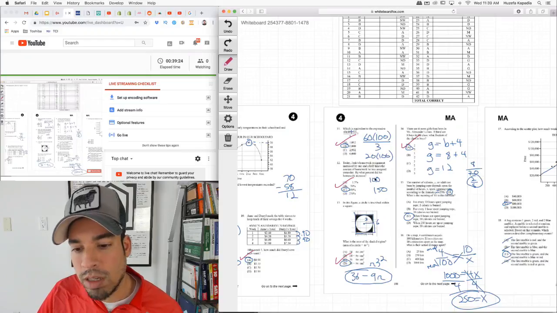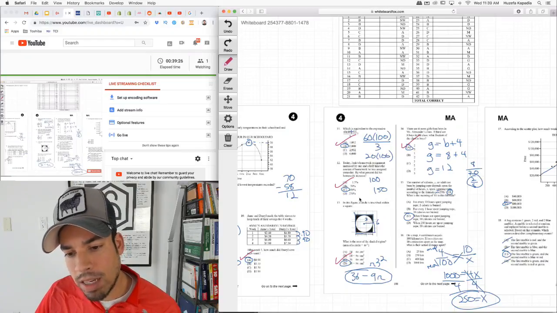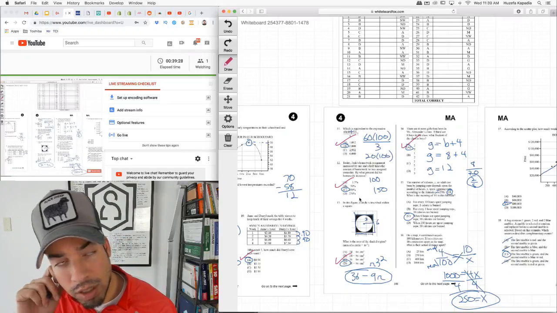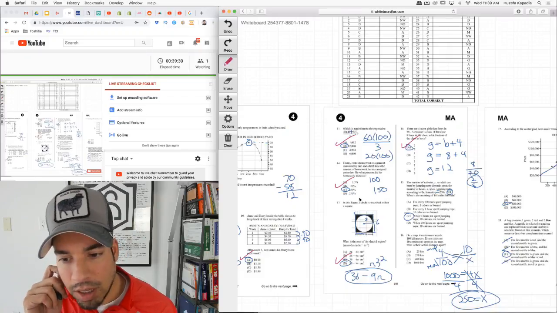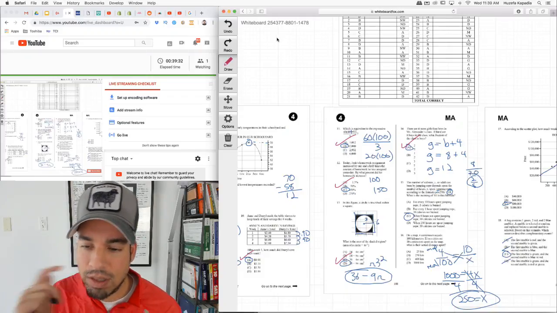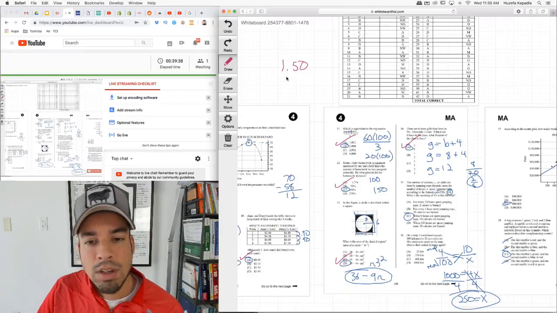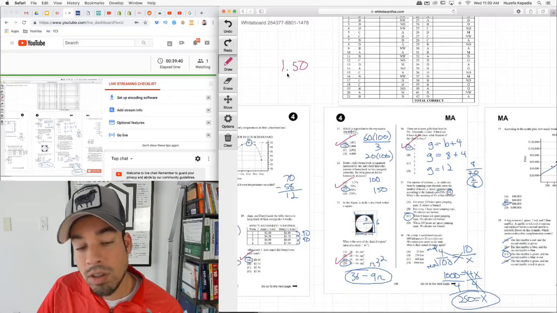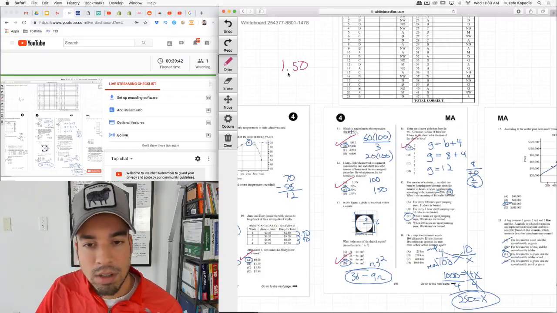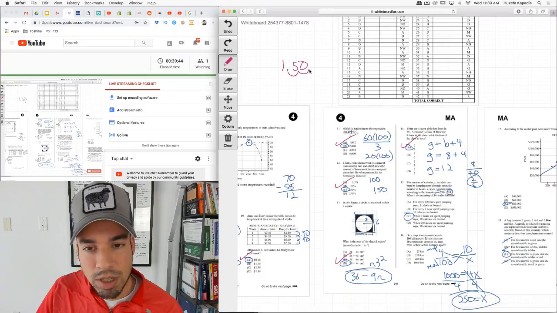So anyways, I guess my interpretation then was correct. It was just a straight up conversion of 1.5 to 150%. And usually when they say 1.5 times greater, to convert that directly to a percentage, we just move the decimal two places over.